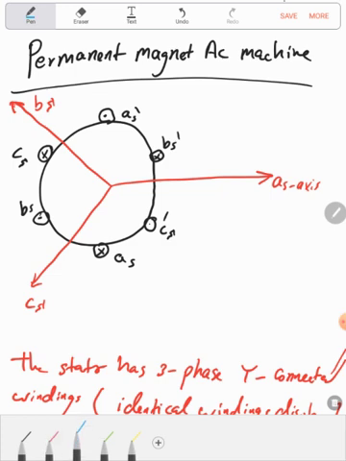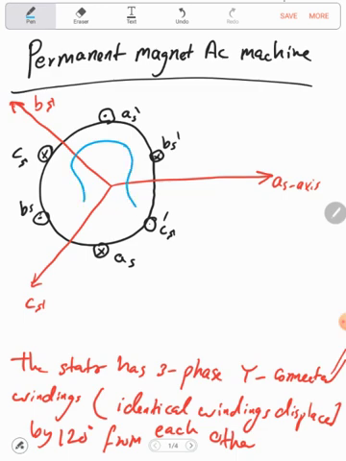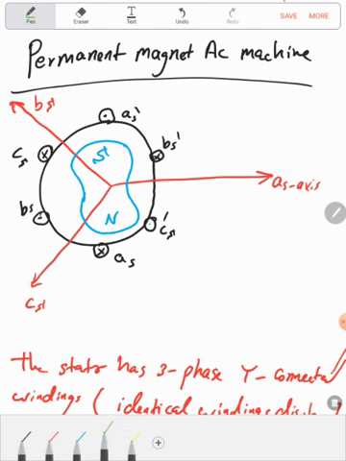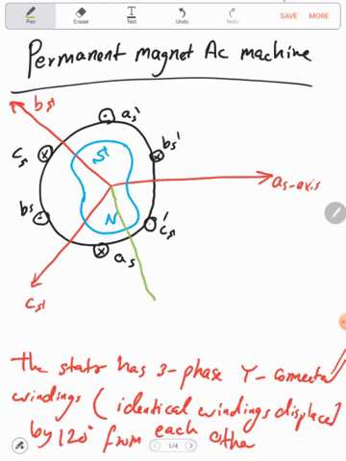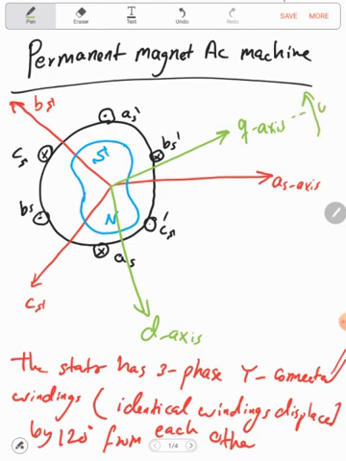So let's assume we have a two-pole, and let's assume that it's a non-cylindrical rotor, and let's assume this is the north pole and this is the south pole, and we know that the d-axis is the axis of the field, so this will be the d-axis, which is the field axis, and let's say 90 degrees ahead of that is the q-axis, and this axis is rotating by omega r.